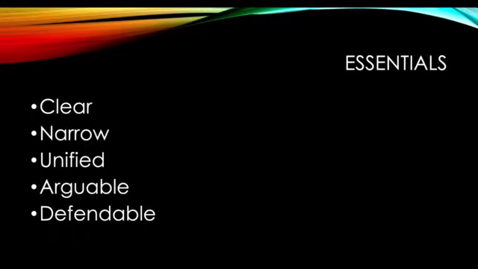The essentials, of course, for a good thesis is that it's clear, and that means that your reader knows exactly what your paper was trying to accomplish. So, for example, if I have a student who says, you know, this way that we do something at college is broken, it's inefficient, and they talk in their paper about why it's broken, why it's inefficient, and then you say, okay, so this was an evaluation essay, and then I'll have students say, no, it was a proposal.